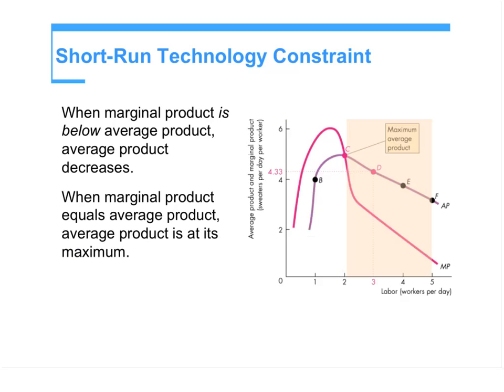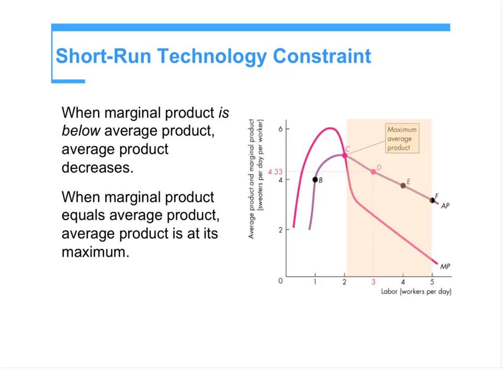When marginal product is below average product, average product decreases. When marginal product equals average product, average product is at its maximum. So the maximum average product is when marginal product and average product are the same. That's very good. That's the prime time.